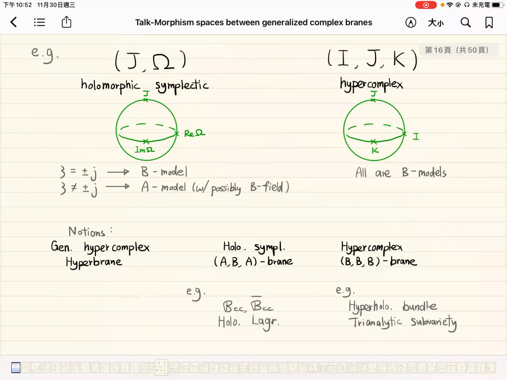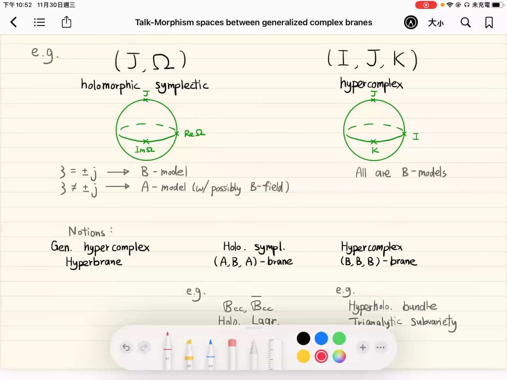We know that the typical examples of generalized complex structures are symplectic structures and complex structures. And now we have an analogous result that there are two typical examples for generalized hypercomplex structures. First, you can just pick an ordinary hypercomplex structure IJK. Then of course we have the ordinary twisted family of complex structures. Every point is a complex structure, so they represent a B model.